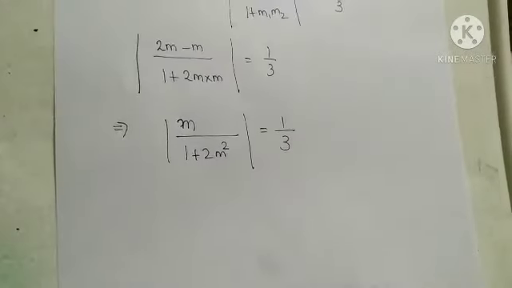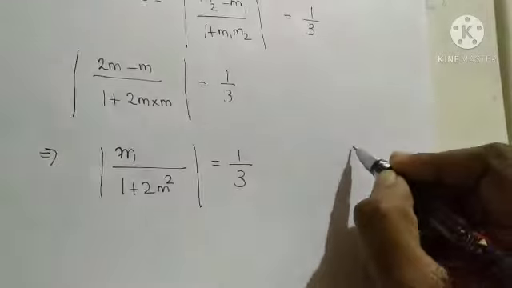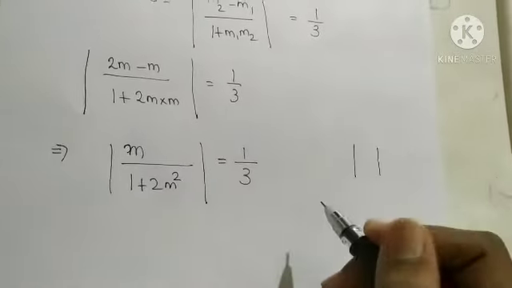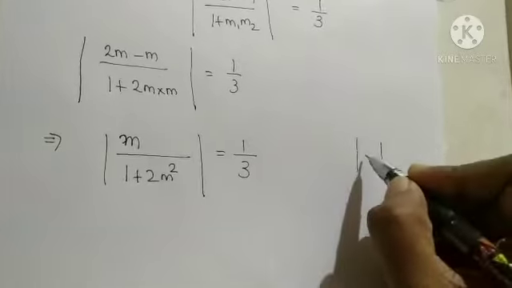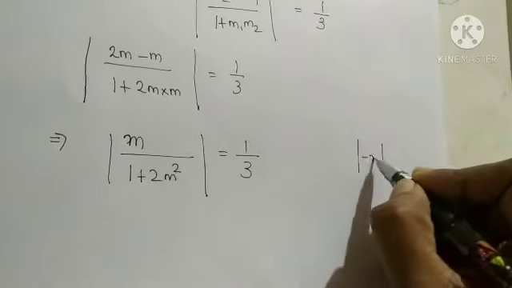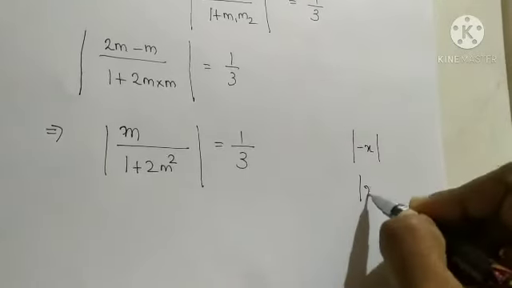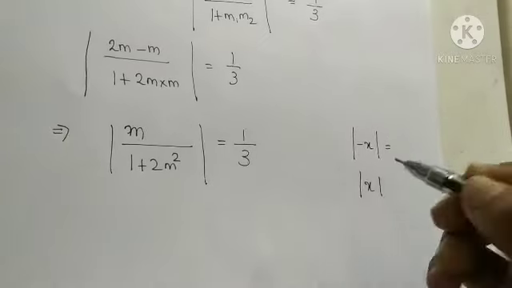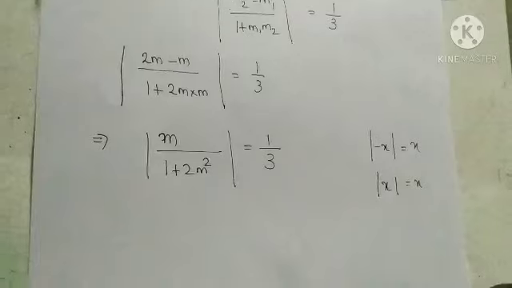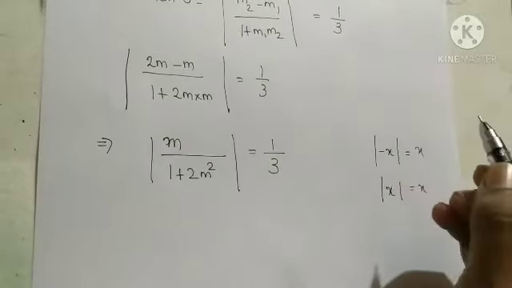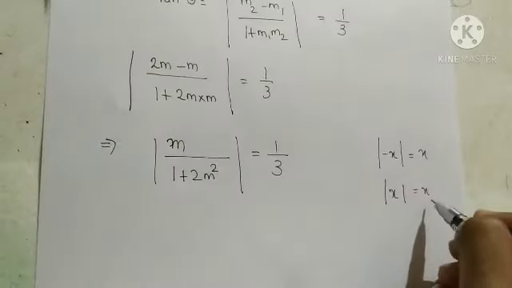Okay, and we know that inside the modulus we have two values, either positive or negative. We know that mod of minus x and modulus of x have the same value x. If we take it outside this mod, we get a positive answer.